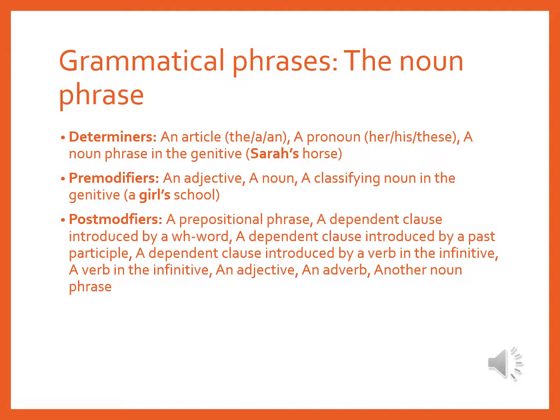We talk about pre-modifiers, which could be an adjective, it could be a noun, a classifying noun in the genitive. A girl's school, for instance. Then a is the determiner, girl's is the pre-modifier, and then we have school, which is the head of the noun phrase.